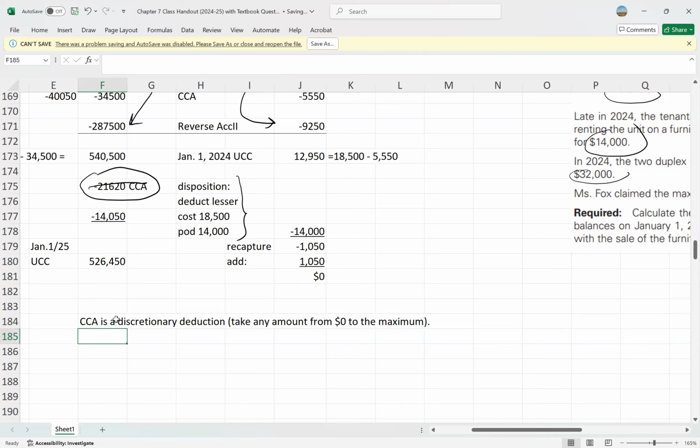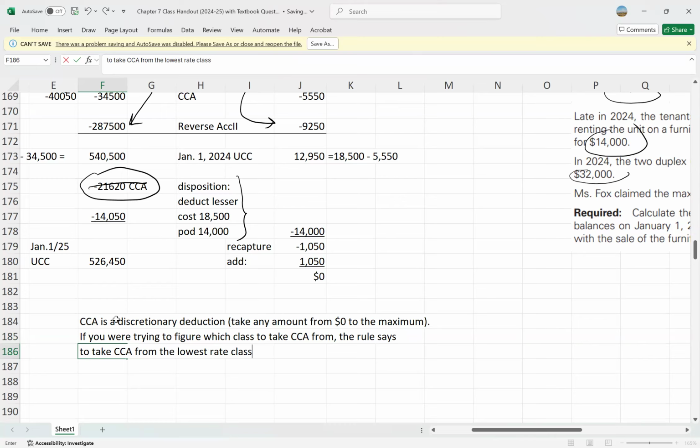There's also a rule where, if you were trying to figure out which class to take CCA from, the rule says to take CCA from the lowest rate class first. So what does that mean?